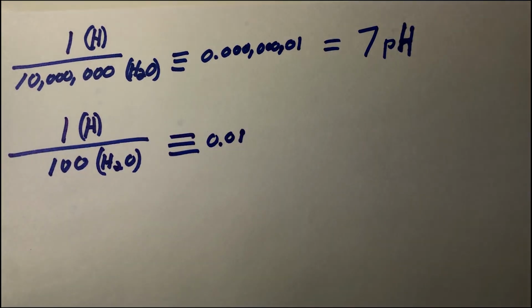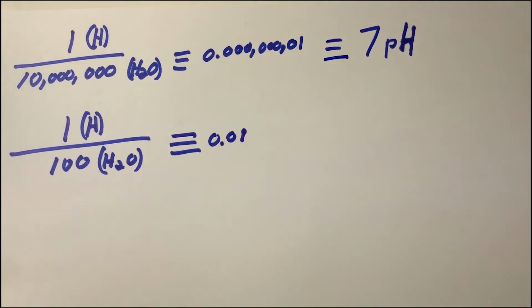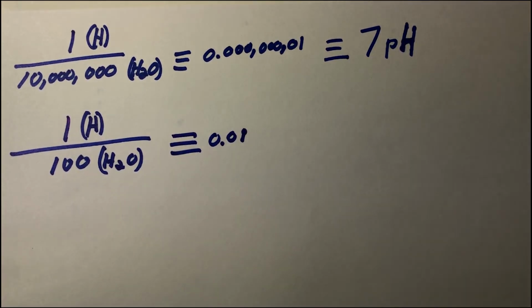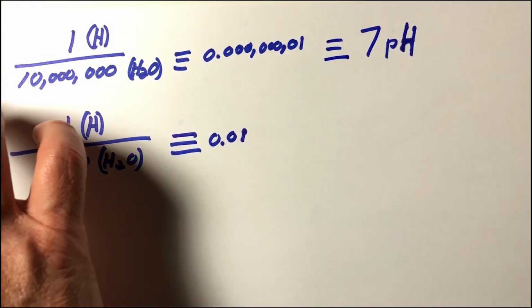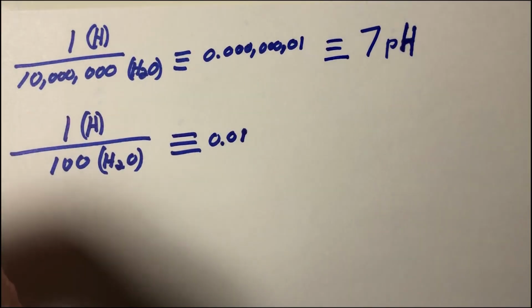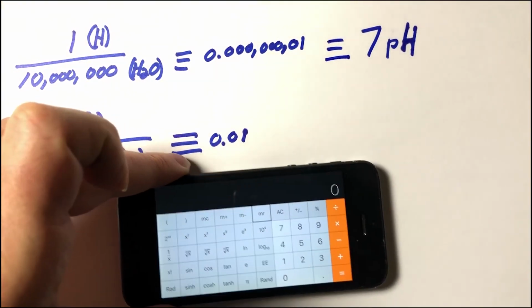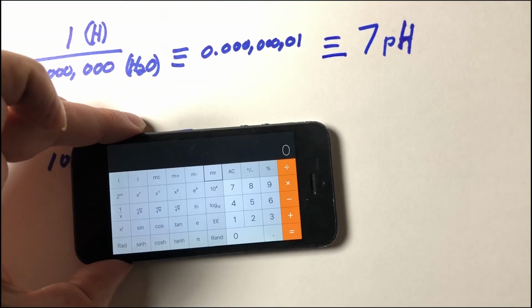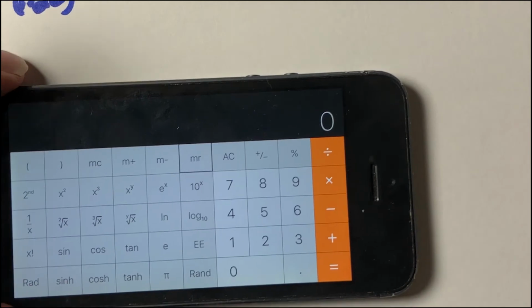right? But what is the pH going to look like, right? So let's do that math. I'll clear my calculator, and I'll make it bigger again for us so you can see it.